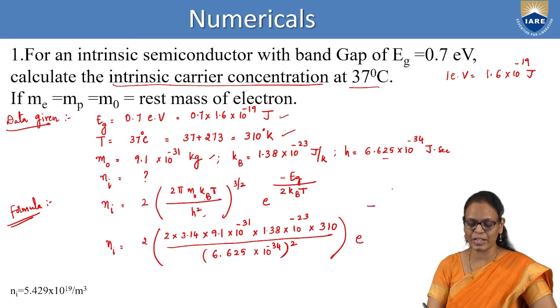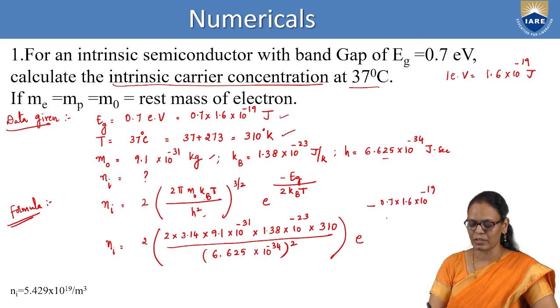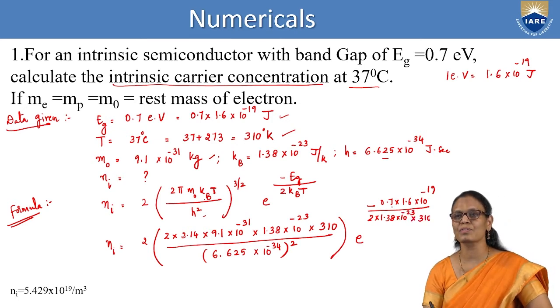The value of Eg is 0.7 into 1.6 into 10 power minus 19, by 2 into 1.38 into 10 power minus 23 into T, which is 310.